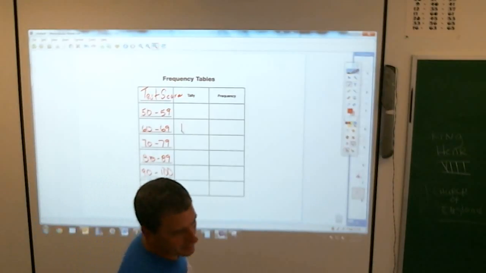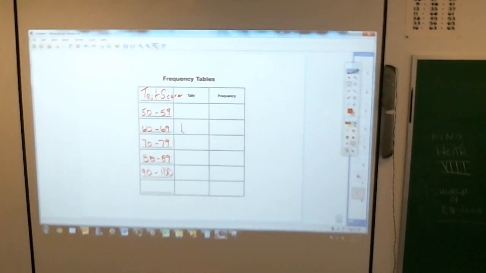Make a frequency table with those numbers and see if we agree. Every score, and it's best not to hunt and search for all the 50s, whatever. Do it one at a time, and then just put a tally right there.